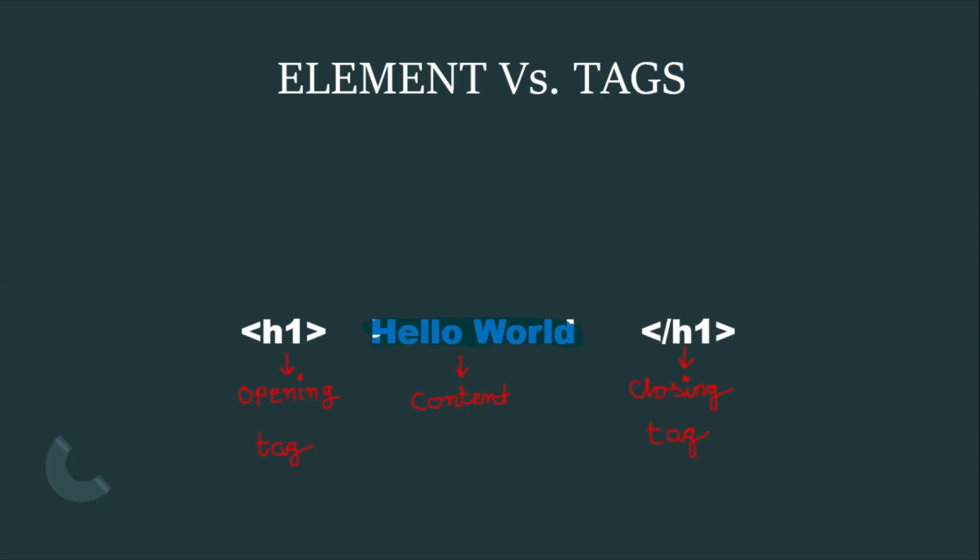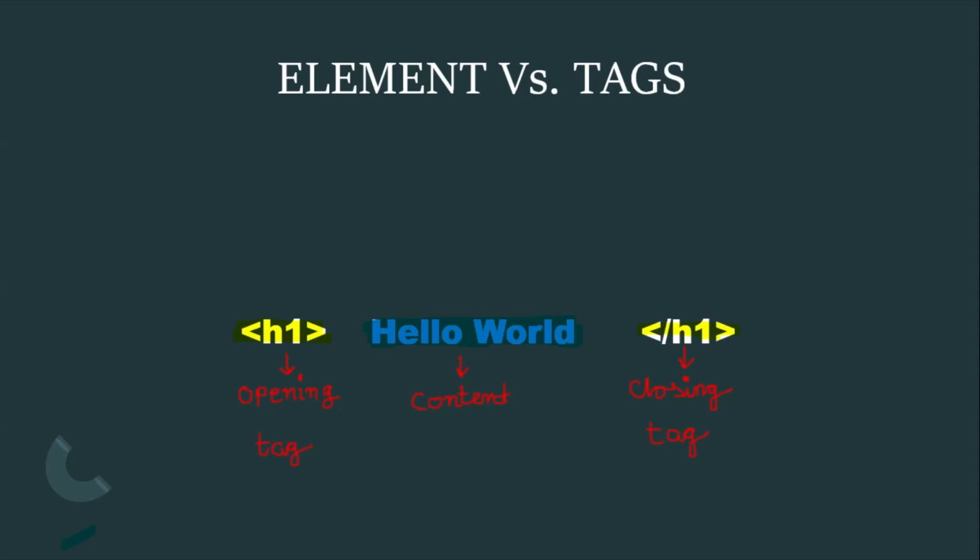One more thing to notice in this example is that there is a little difference between the opening and closing tags. The closing tag has the slash symbol before H1. Because of this symbol, our computer will understand that the content will be ending at this point.